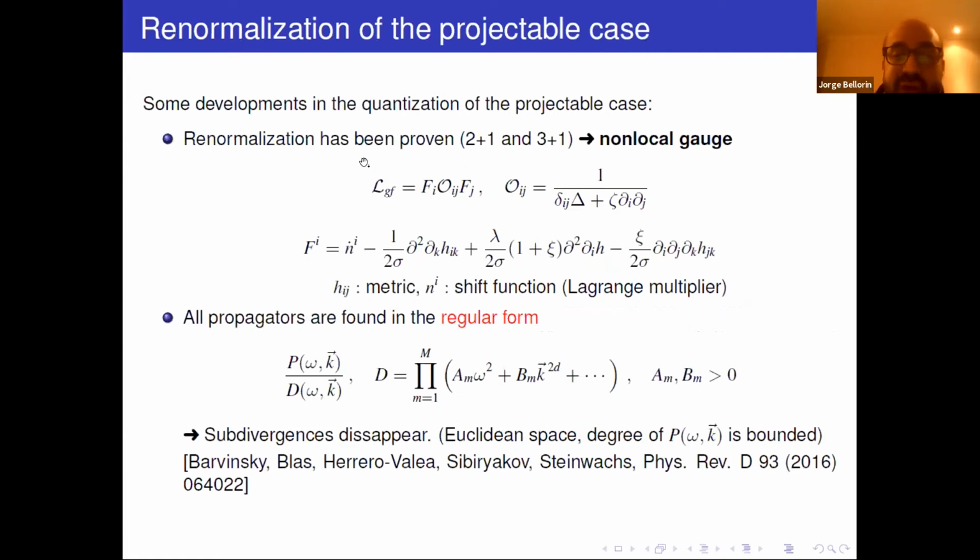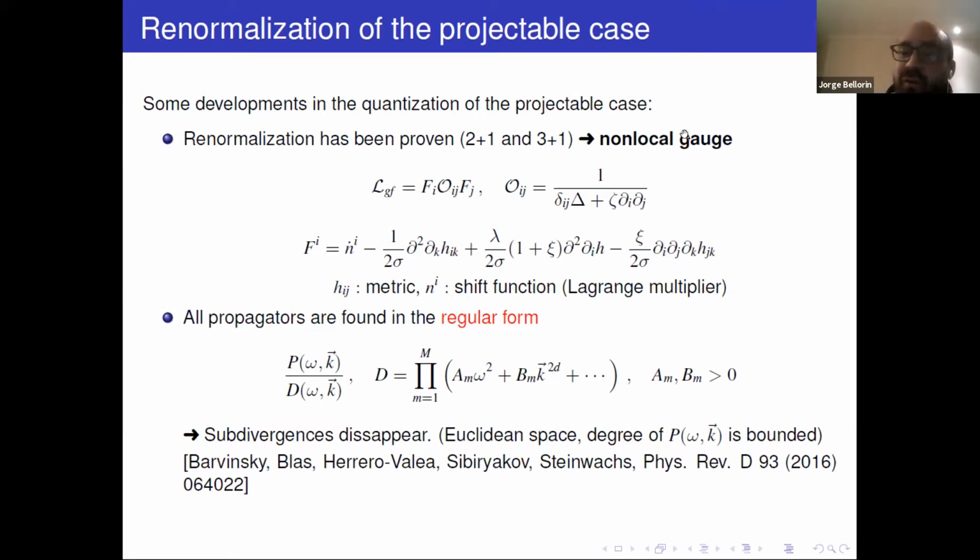As I said, the projectable case has been proved to be renormalizable by this group here. Since it has only a first-class constraint, it is a strict gauge theory, and you can use the standard technique of quantizing a gauge theory using the Faddeev-Popov method and taking in advance the emergence of the BRST symmetry.